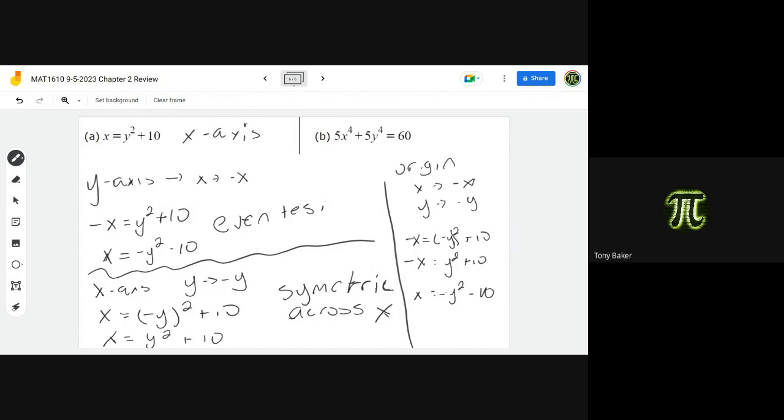So it's those evens that are going to allow you to stay that way. Those are the things to keep in mind when you're trying to check one or the other. The origin is actually your odd test. So if it checks across the origin, then it is odd. So that's what we're going to do next.